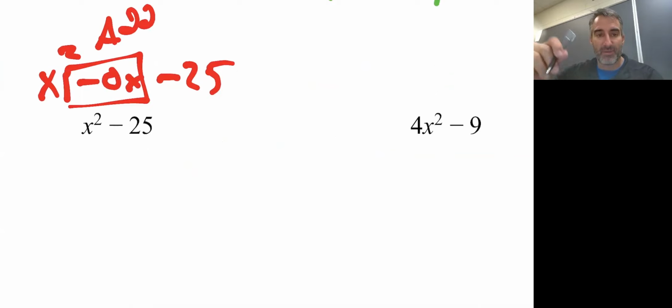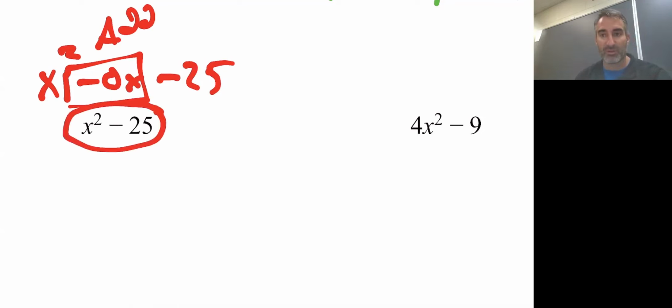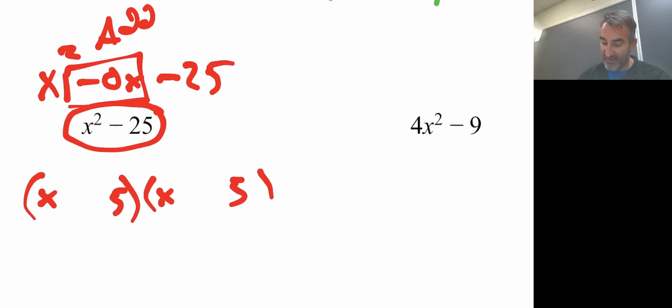So when you have this, ask yourself, can I get 0 and have it multiply to be 25? Yes. x, 5, 5. Now, the signs have to be different, because if the signs are the same, you can't get 0. So you're done.